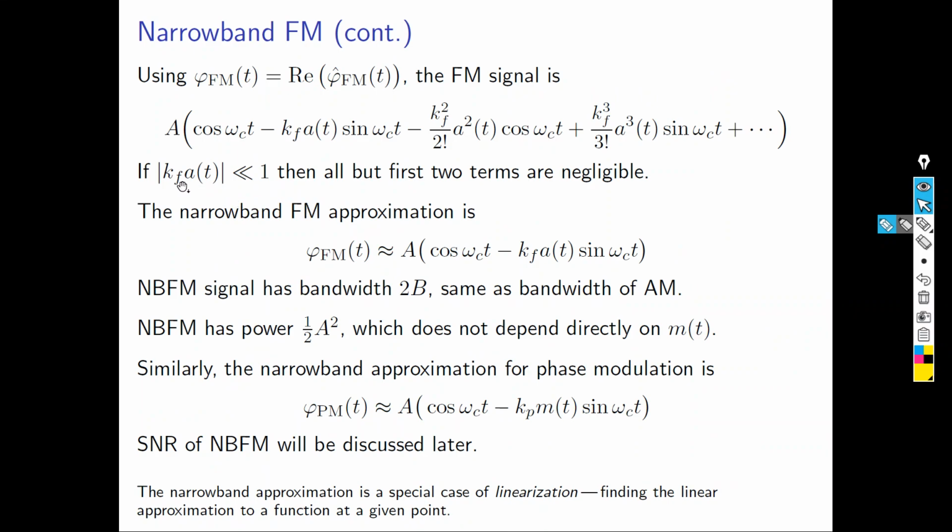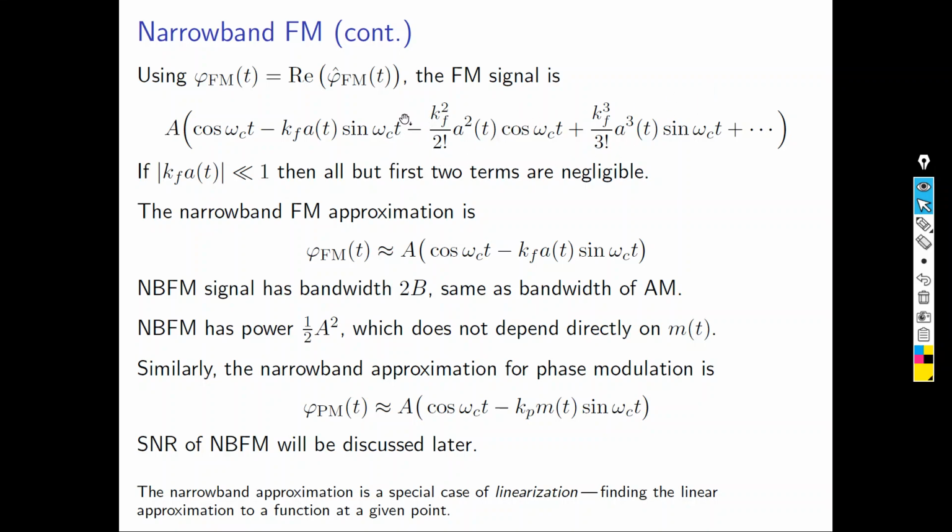Now, for the case when kf alpha a of t is much smaller than 1, then all but the first two terms are negligible. This means that you can get rid of all these terms, because this value is so small. When you find these values under this condition, you will find out that this value is 0. This value is 0.